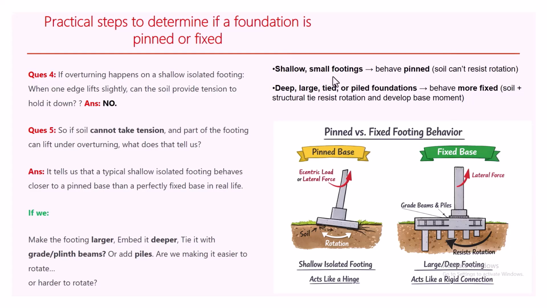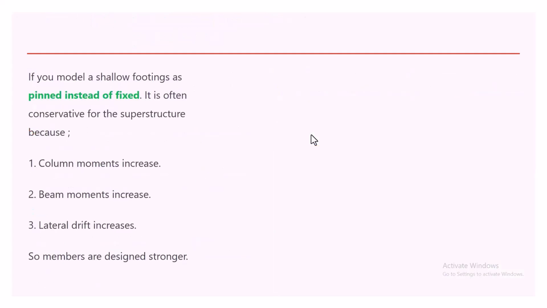Now when you come to your software, if you model a shallow footing as pin instead of fixed, it is often conservative for the structure, because with the pin there will be rotation, there will be some overturning or settlement, and once that happens, it will cause the moments in your columns to increase, your beam moments to increase, and the lateral drift.